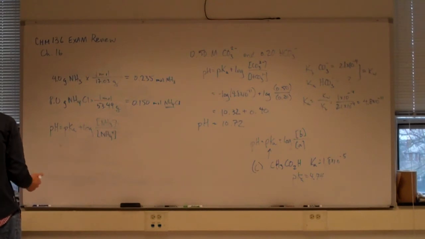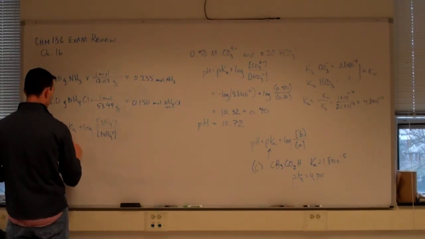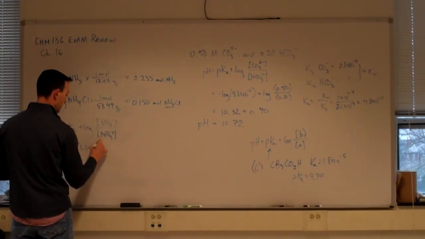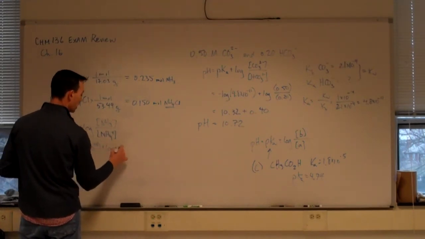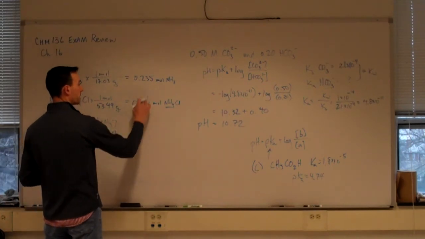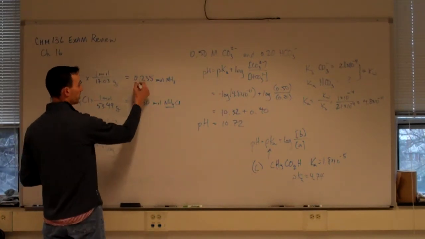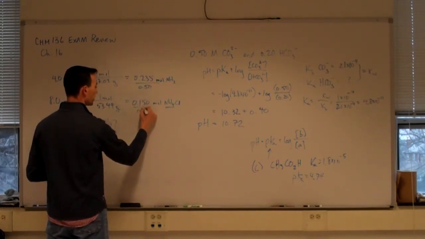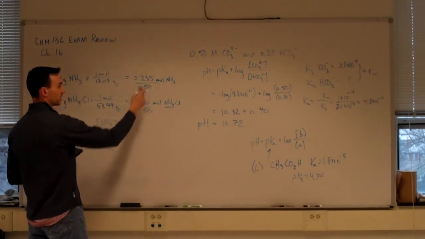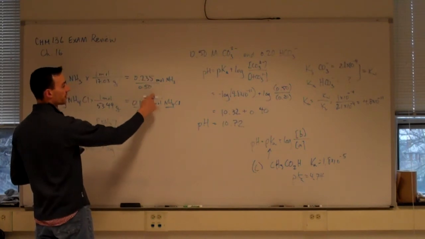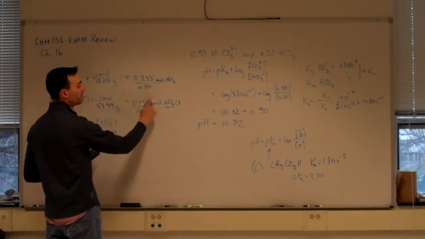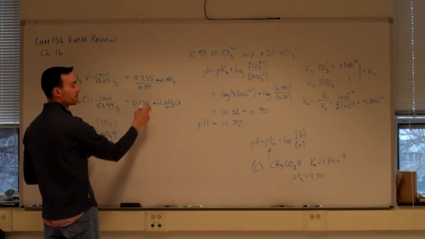So we're given the Ka of ammonia, negative log of 5.6 times 10 to the negative 10, plus the log of. Now normally we would convert these two to concentrations. Let's go ahead and do that. But we can actually save ourselves a touch of time here because the ratio of these two numbers, 0.235, 0.15, will be the same when we divide each by the same value.